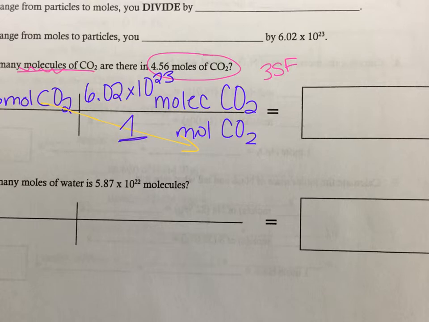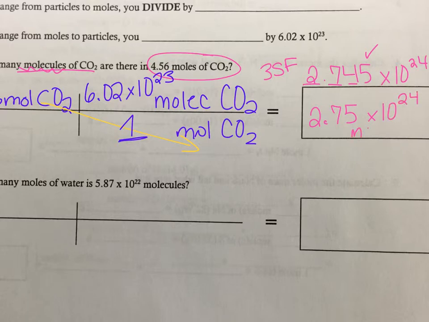When you have an answer, go ahead and shout it out, and we'll get a second on that. Okay. Good. All right. So we want to go to 3 sig figs. So we're going to go 1, 2, 3. Check that guy. We're going to round up to 2.75 times 10 to the 24 molecules.